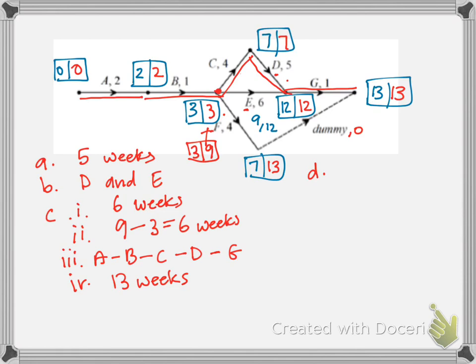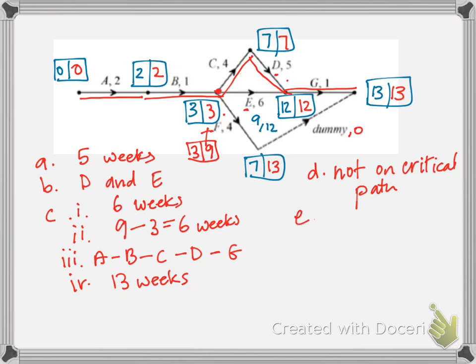So that's where that float time comes from. So what you should say in these questions is basically it's not on the critical path, there's no point reducing it.